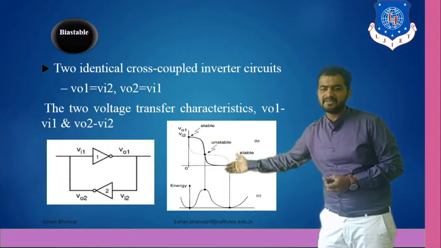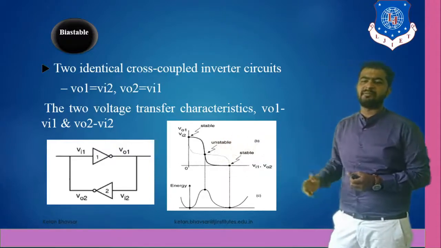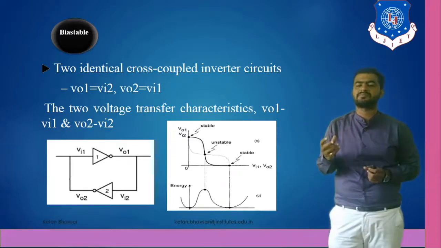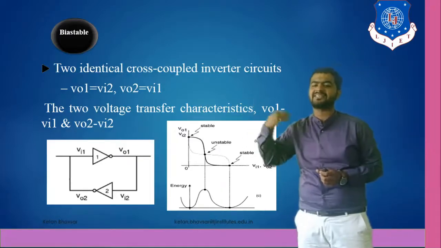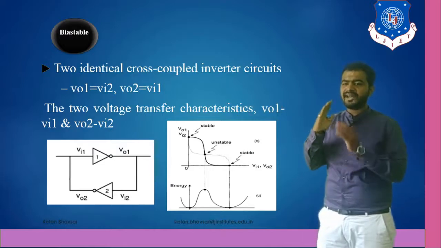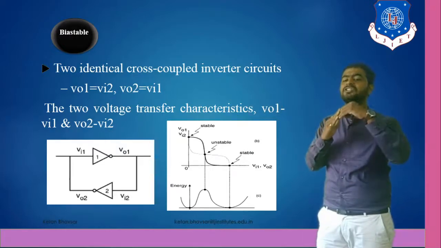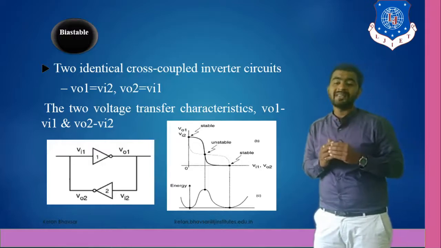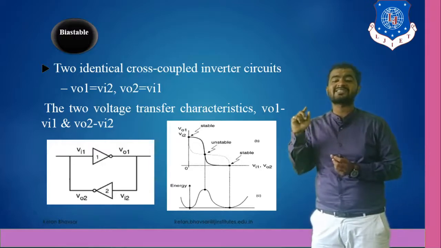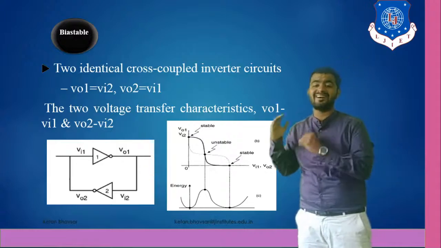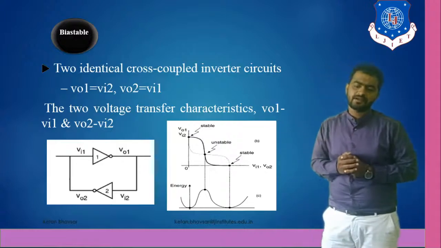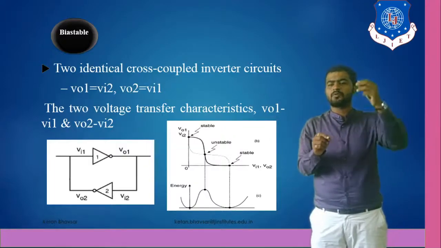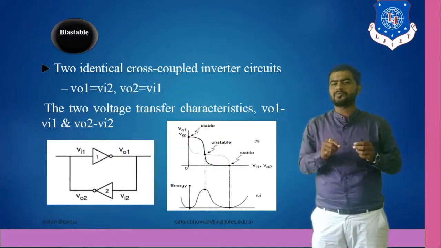But the median point is an astable point, means when the switching is established from one inverter to the next inverter, then for a fraction of a second the output is not at a stable point. It is changing from high to low, and for that particular moment it's called an astable or unstable point, right? If two inverters are connected, the output of one inverter goes to the input of the next inverter.